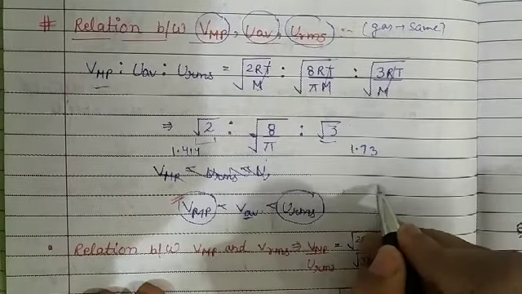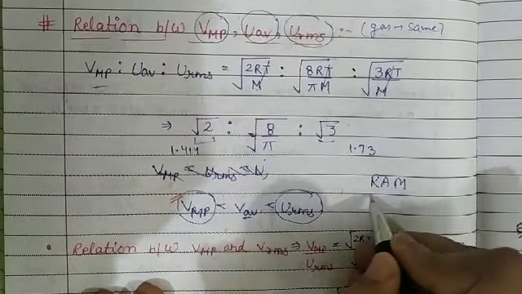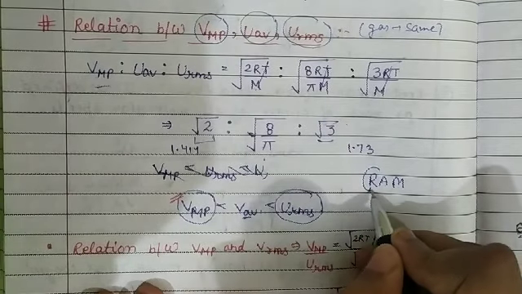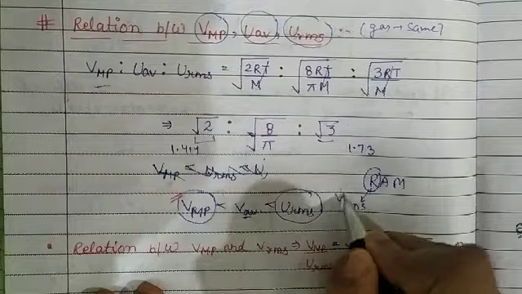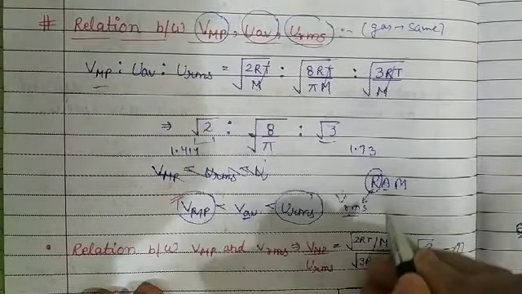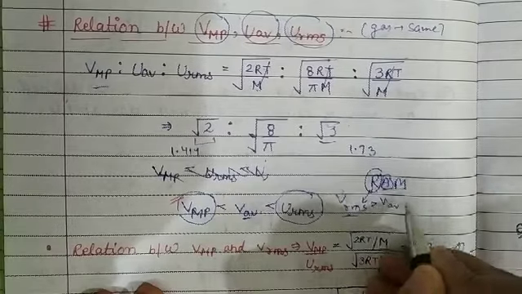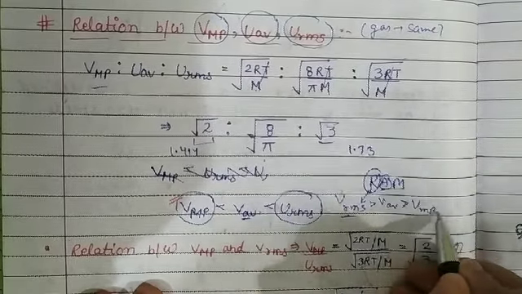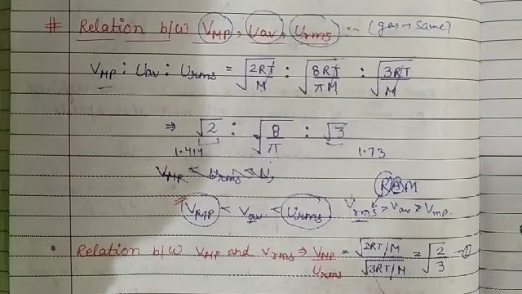You may also remember it as RAM: VRMS is maximum, then A, average speed, and then M, most probable speed. This is the order of molecular speeds if temperature and gas are the same.